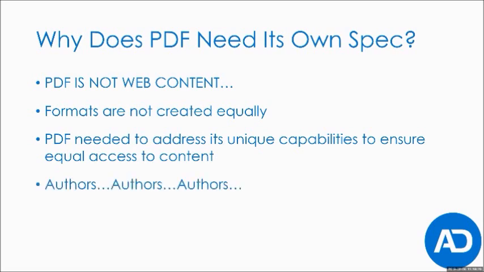And authors. The reality is, it became very easy for people to file save as PDF, and there are, again, billions of these things floating around the internet and sitting on desktops, and we want to make sure that authors understand that they can make their documents fully accessible and fully compliant. One of the challenges is the guidance around that has been difficult.